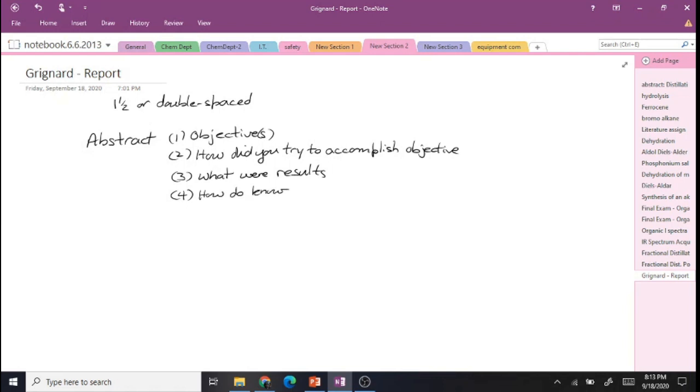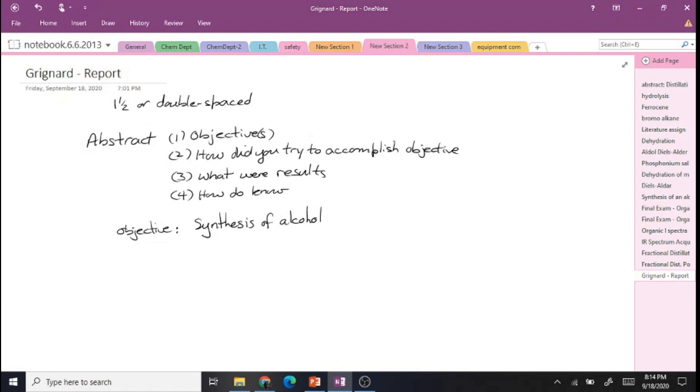So let's approach this with the Grignard reaction. First, what were the objectives? You actually had 2 objectives. The main objective was the synthesis of the alcohol. Now, when you are writing your abstract, you do need to be specific.